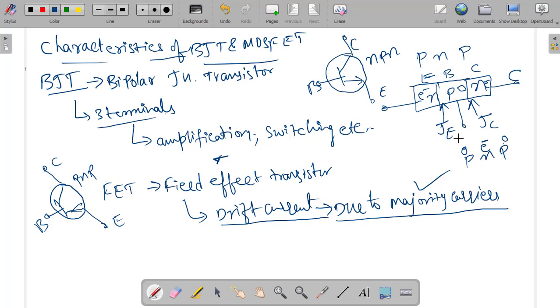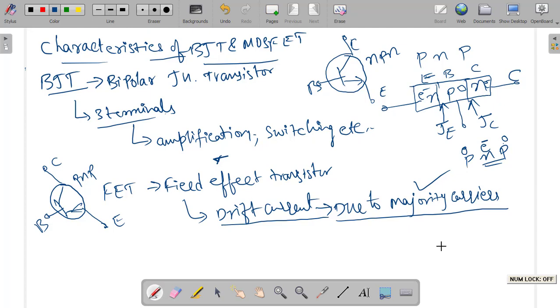Clear? In the NPN transistor, both N regions are separated by a P region. Here, both P regions are separated by an N region. That is the difference between NPN and PNP transistor.